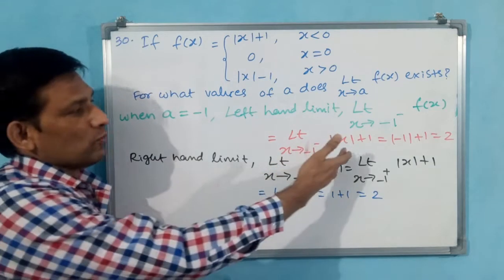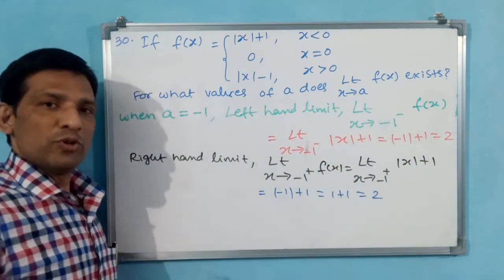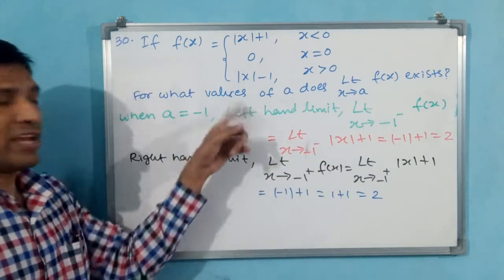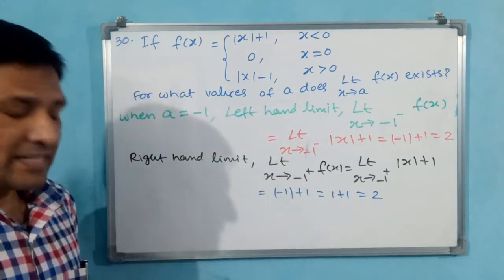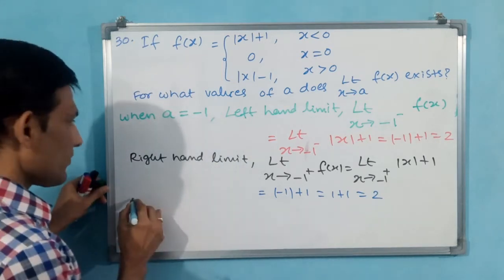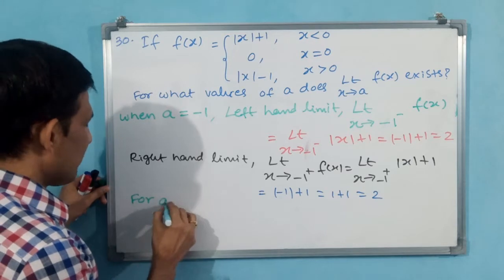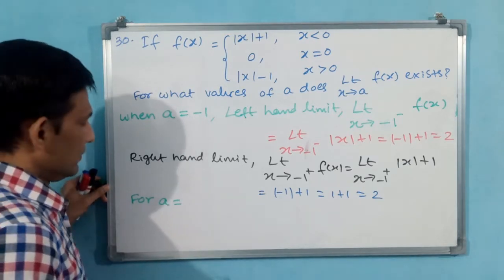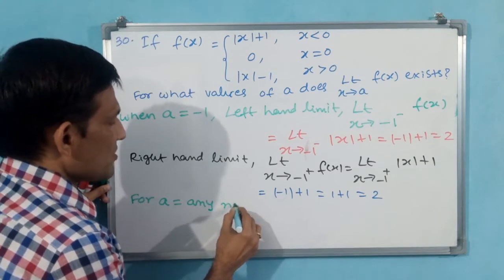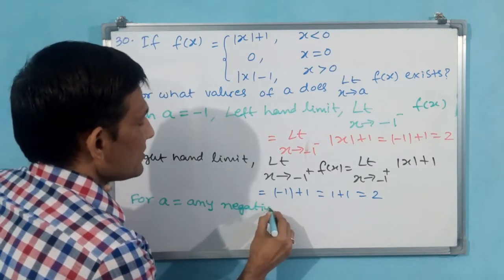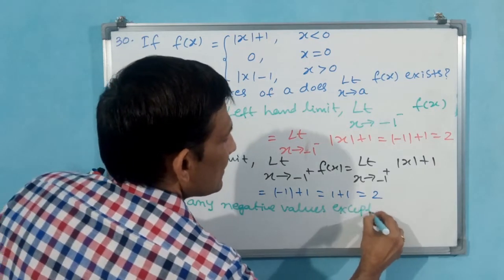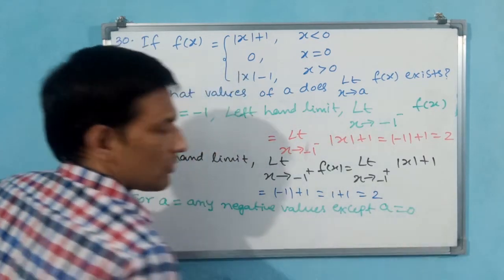Any number if you give, then at all negative numbers the limit exists for a. You can understand it like this. Write: for a is equal to any negative value, except a is equal to 0.